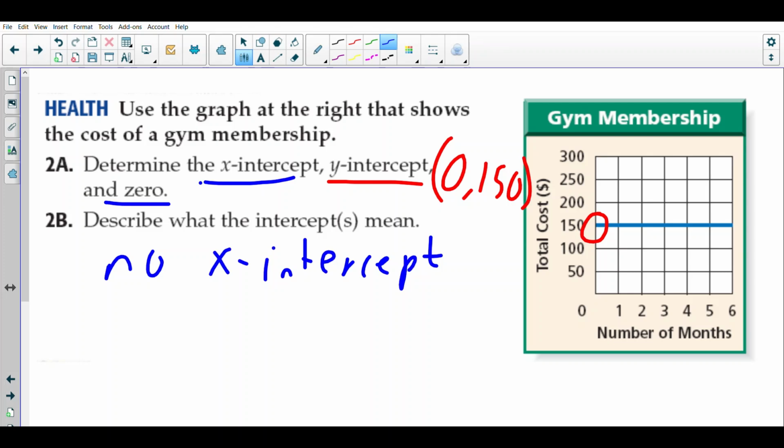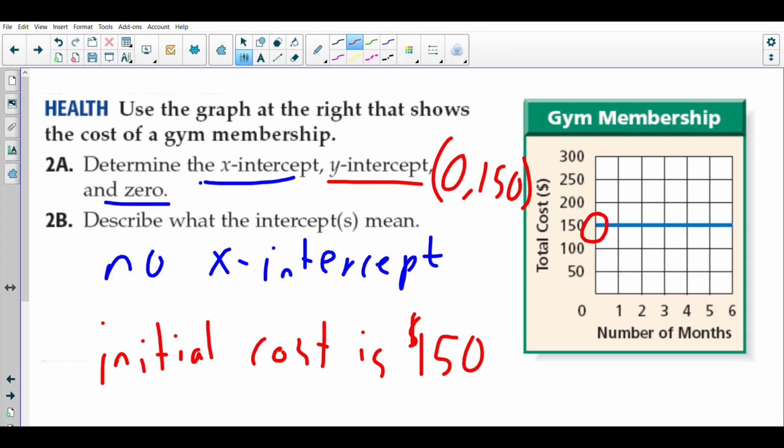So if we realize what the y-intercept is saying to us, then we can say, well, at 0 months and paying $150, that tells us the initial cost is $150. And the rest of the graph just tells us that the monthly cost doesn't change. It's just every month you pay $150. So it's a constant rate. It's a flat rate. You might have heard of those before.